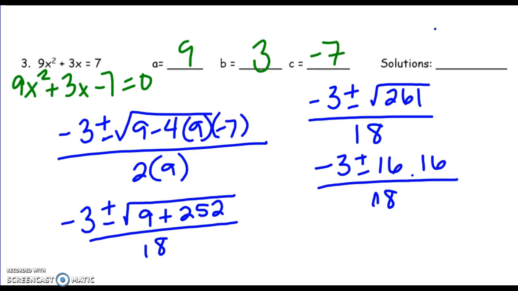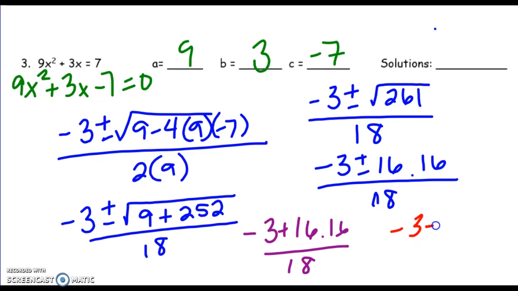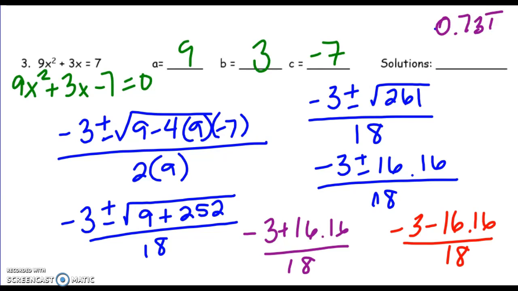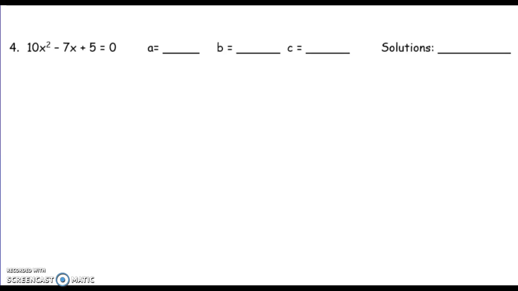So we can split it up into two separate equations now. Negative 3 plus 16.16 divided by 18, and negative 3 minus 16.16 divided by 18. If I do my purple first, I end up with 0.731 repeated. And then I move on to my red, and I end up with a negative 1.064 repeated.